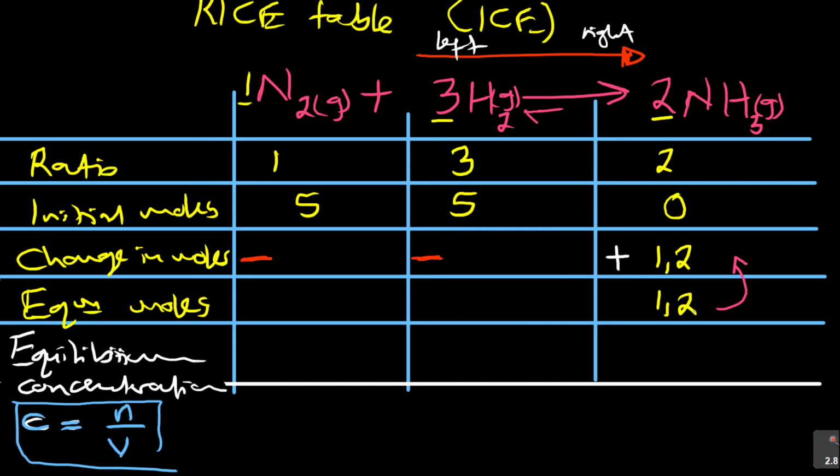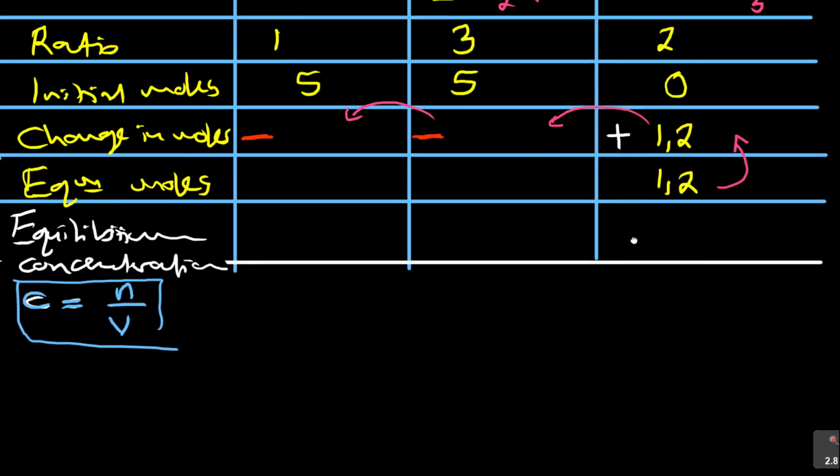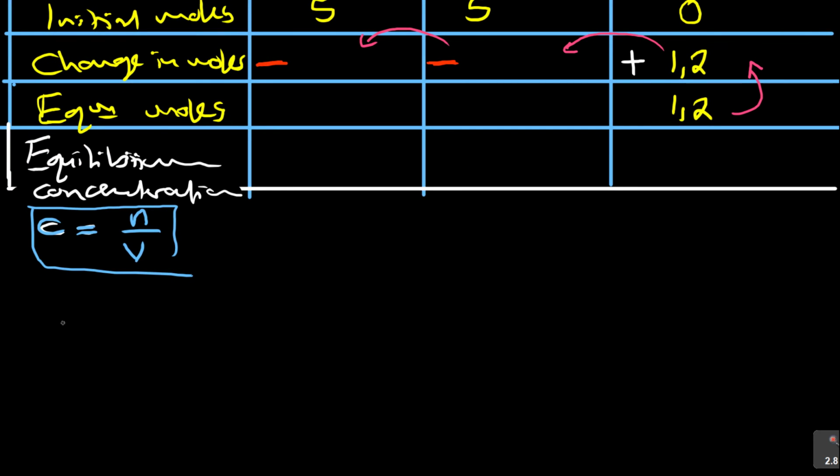Are you with me? Then you move in this direction. Now you move here and you move here. You see the arrows. Now in the change in moles we are using ratios. Let me repeat again. In change in moles, what do we use?